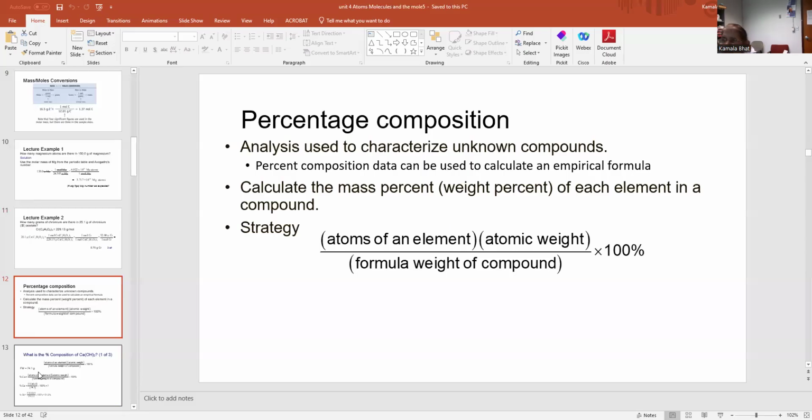Because when we calculate the molar mass, we actually get the grams of each element in the compound. So atoms of an element times its atomic weight divided by the formula weight of the compound. Whatever answer you get, you multiply by 100 and you get the percentage of that particular element.